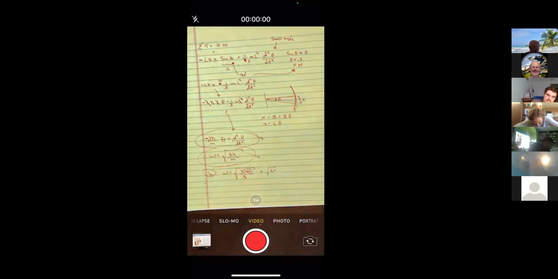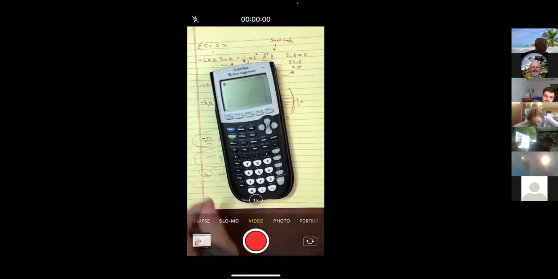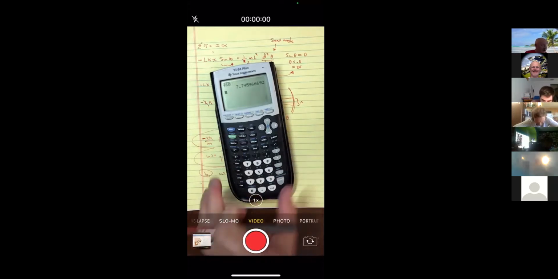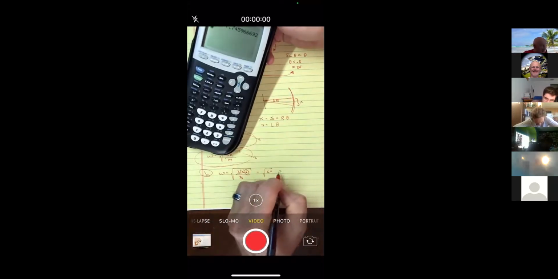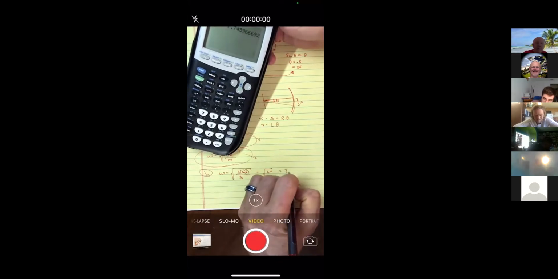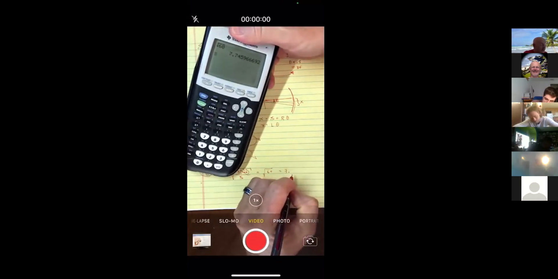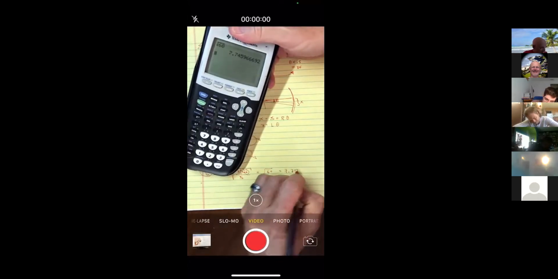So this is the square root of 60. So square root of 60 is then, we'll call it 7.5.